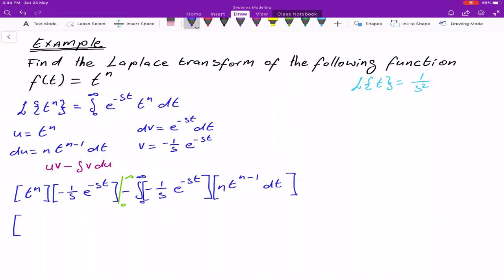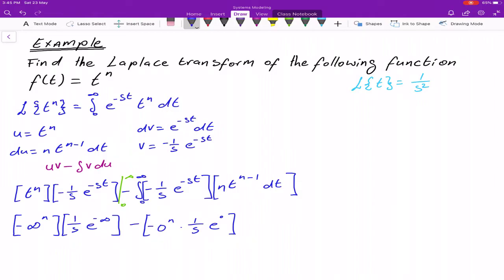If t goes to infinity, we have infinity to the n times 1 over s e to the minus infinity, minus the lower part: 0 to the n times 1 over s e to the 0.